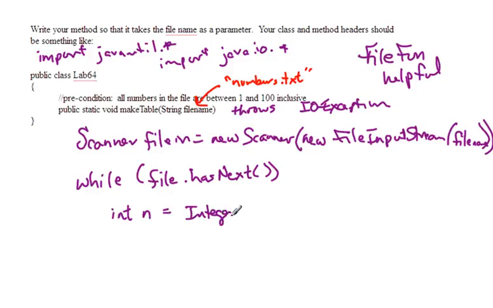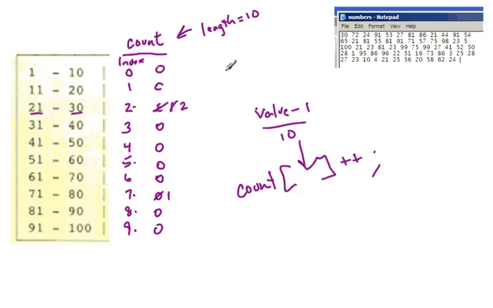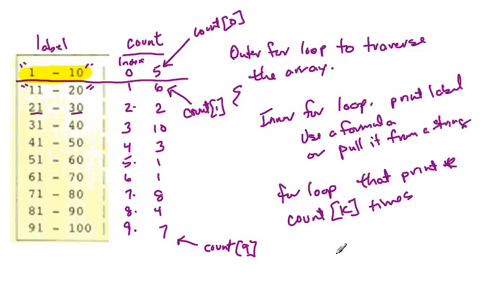So Integer.parseInt(filein.next). So you're going to have to take filein.next, that's a string, parse it to an int, assign it to n, and then you're back up to here where you're incrementing everything in your array. After you've incremented it, then you build the table. All right, good luck.